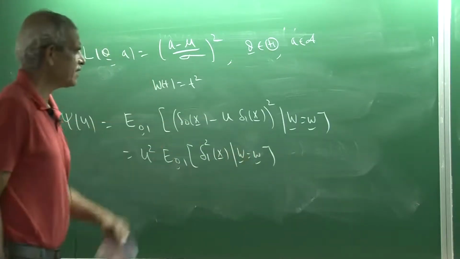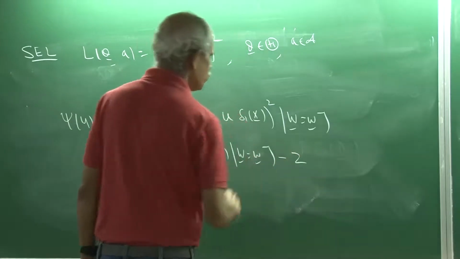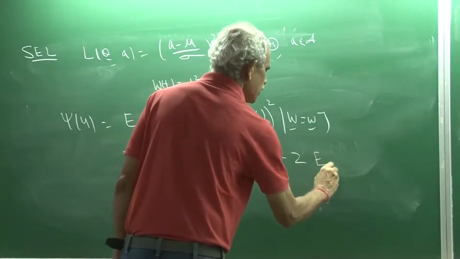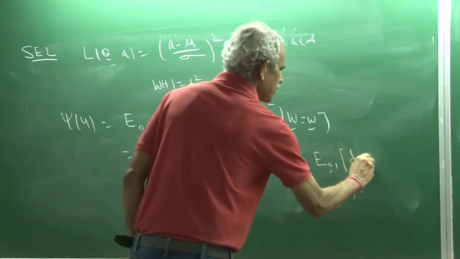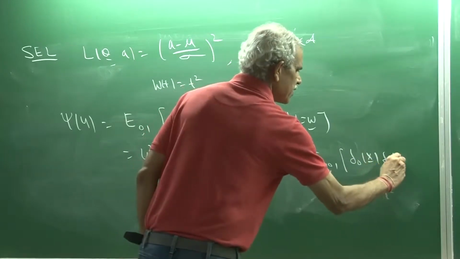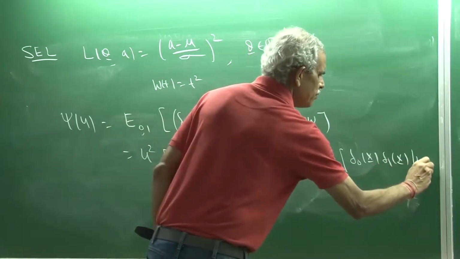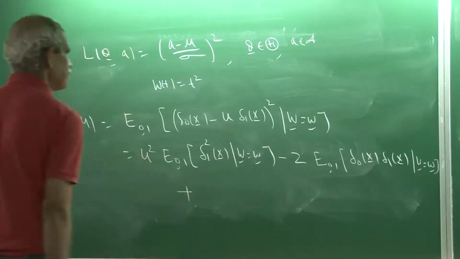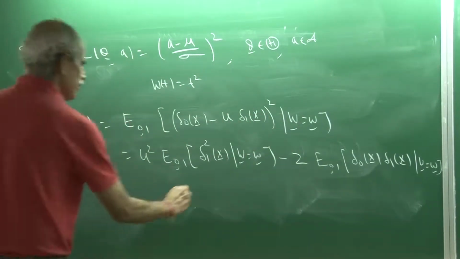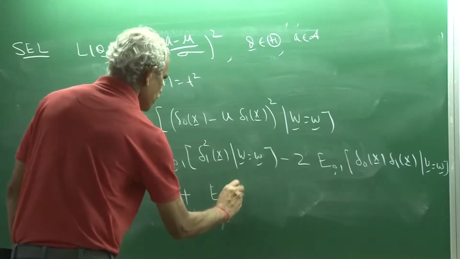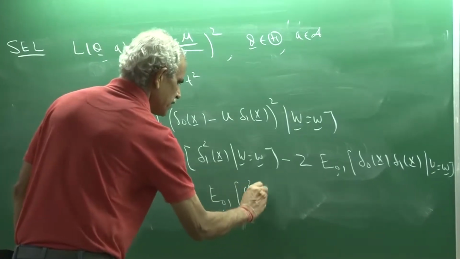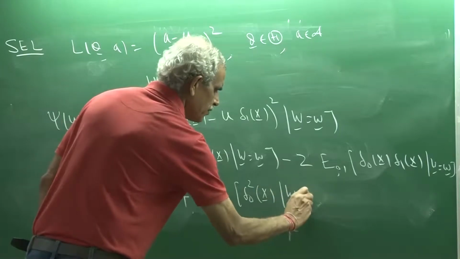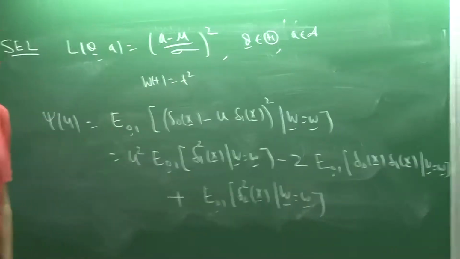u is a constant, right? Minus 2 times E0, 1 of delta 0 x delta 1 x, given W is equal to w, plus the expected value of delta naught square x, given W is equal to w.